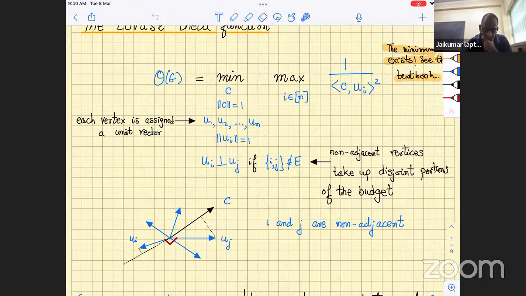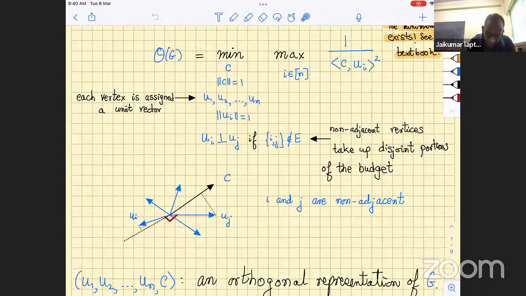So the Lovász theta function was defined in this fashion, and the way we understood it was that we were asked to assign vectors to the vertices of the graph so that non-adjacent vertices, which can be placed inside an independent set simultaneously, have to be perpendicular.